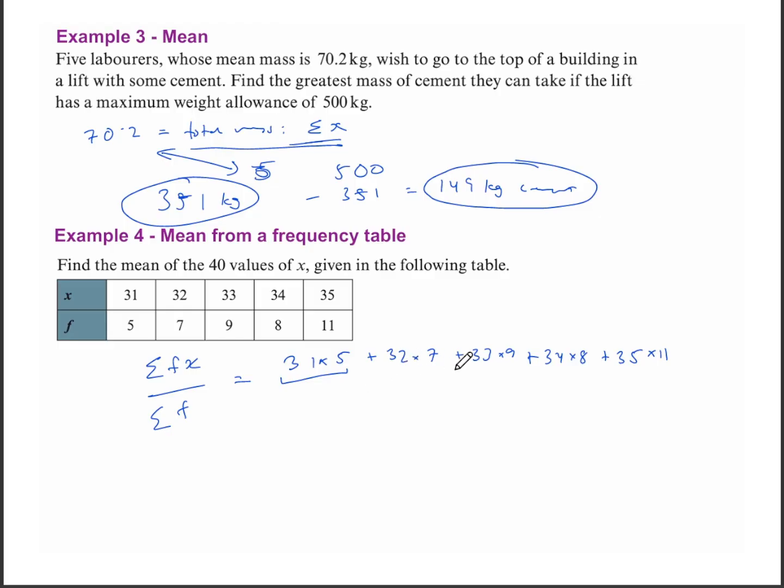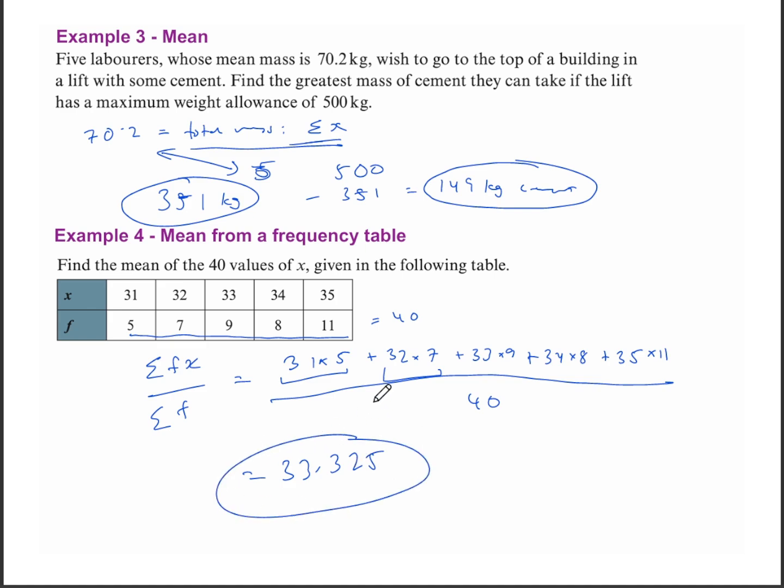And then 32 was repeated 7 times, I'm showing 32 7 times. And I'm adding all of them together. And then I'm dividing all of it by the total number of frequency, which is the addition of all of these, which ends up becoming 40. And then the answer we will get is 33.325. That's going to be the arithmetic mean of these 40 values of x.